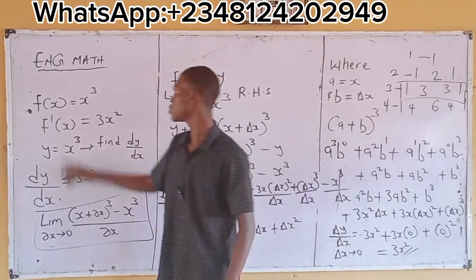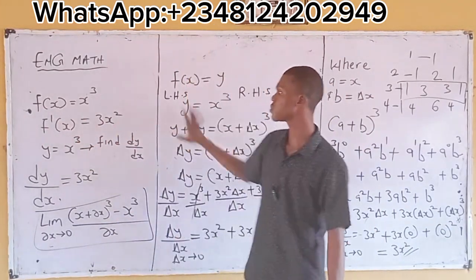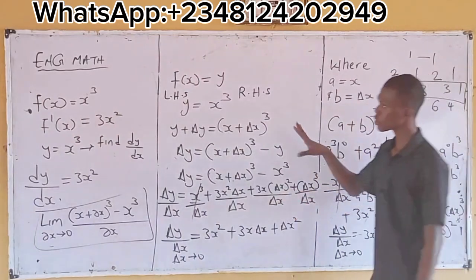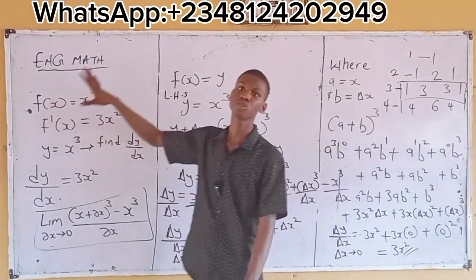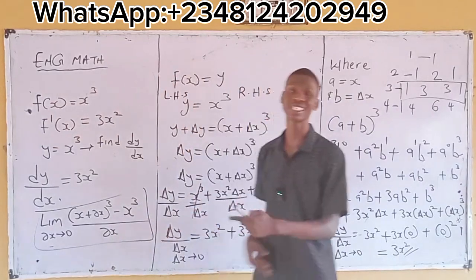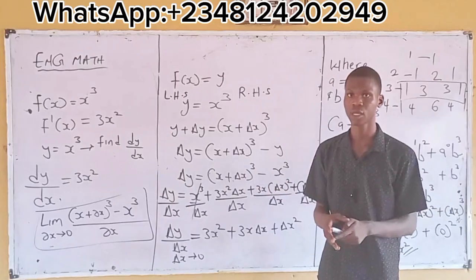Meaning we found f prime of x from the question. So what this means is that this is actually first principle. By first principle, you'll be given a function and you are going to apply first principle. You still get the same answer as using the general method of differentiation.